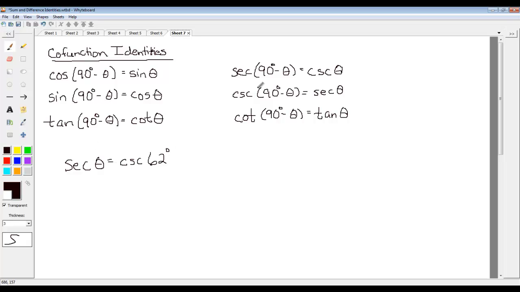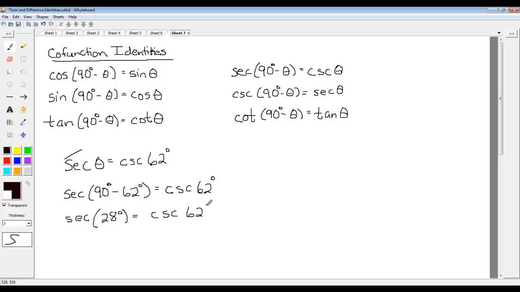Well, if you know that secant of 90 minus theta equals cosecant of theta, then you can say secant of 90 degrees minus 62 degrees equals cosecant of 62 degrees. So then you can say secant of 28 degrees is the same thing as cosecant of 62 degrees.